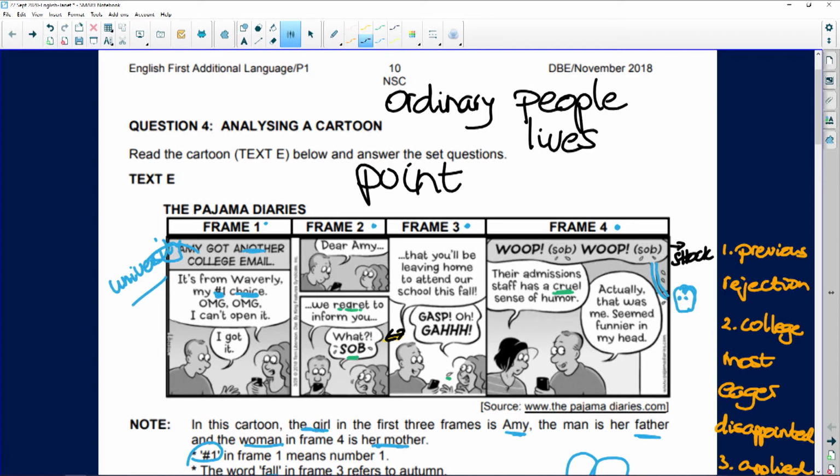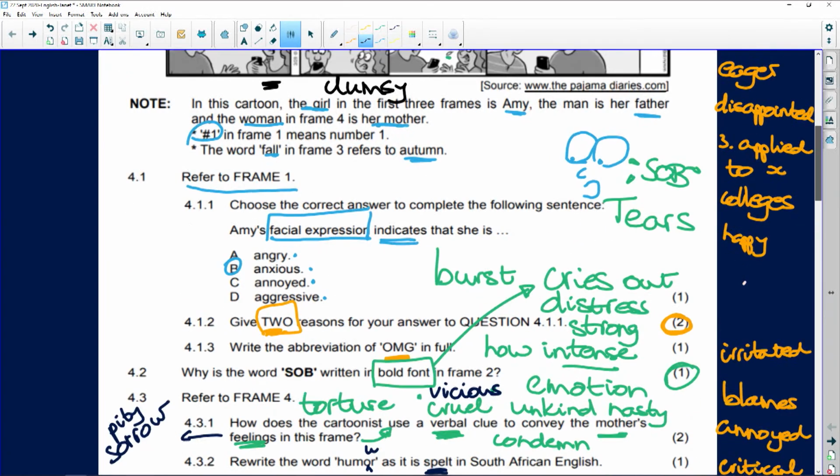So what is this cartoon about? It's about family and the ups and downs of family, the eagerness of somebody who's in grade 12 to go on and study further, and the clumsy attempt at humor by the father. That's all it is, at least I think so.